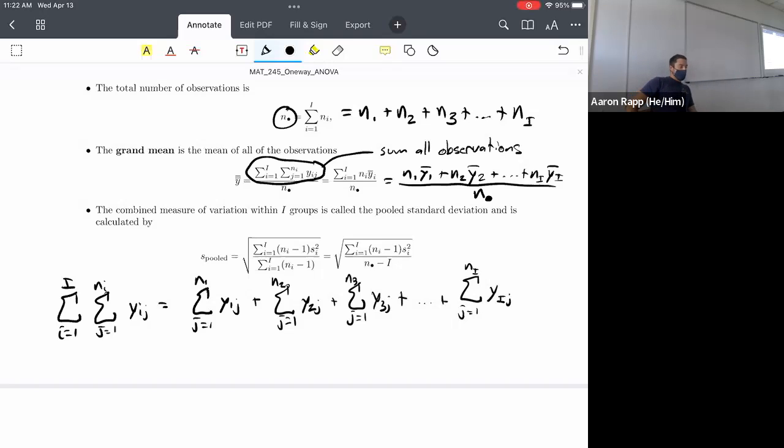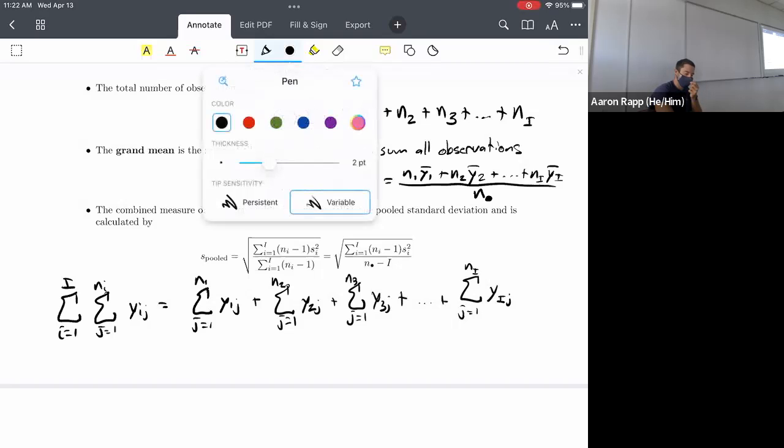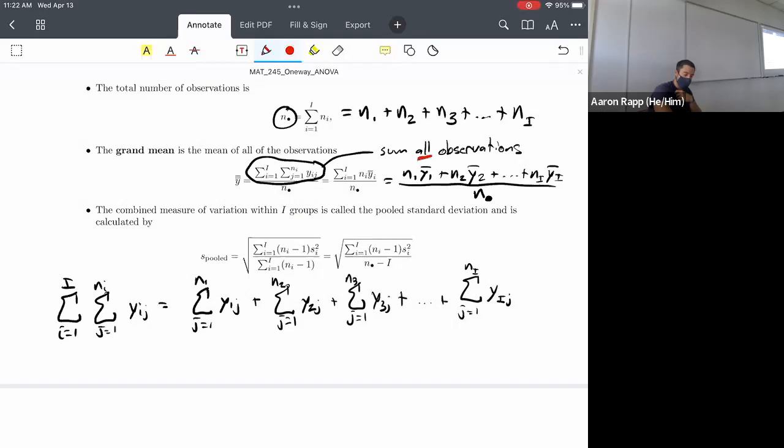So it's just saying, go through each one of those groups that you have, add up all of the observations. That's what I was trying to say, all observations up there. Does that make a little bit more sense to you now? Yeah. Awesome.